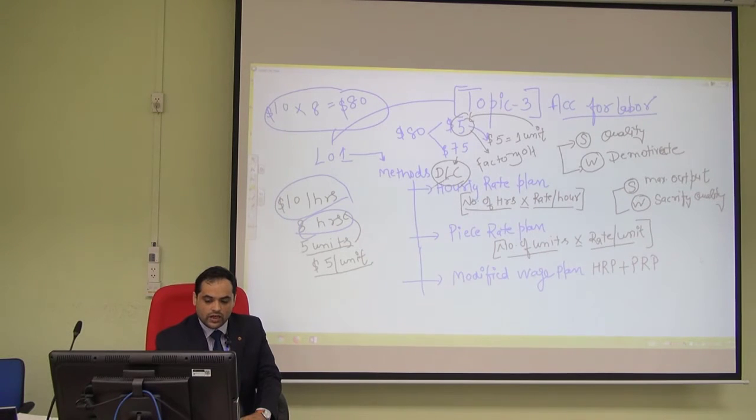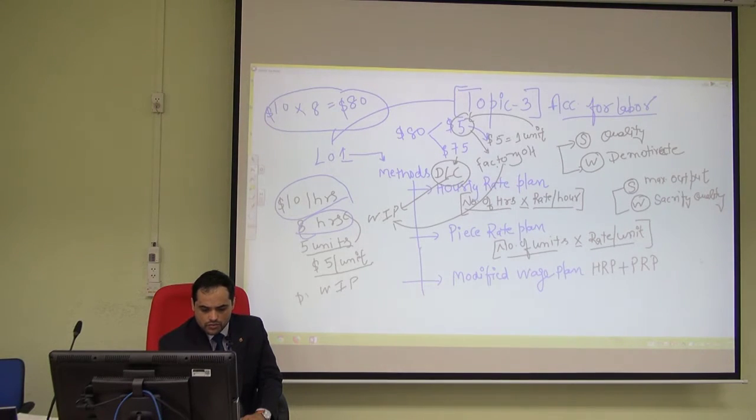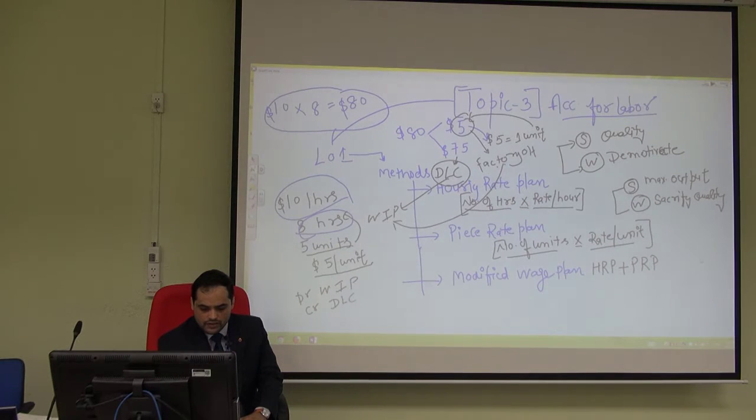So the direct labor cost will transfer to work in process directly, and the other $5 will transfer to manufacturing overhead, and that manufacturing overhead will transfer to work in process. So the journal entry would be debit work in process, credit direct labor cost, credit factory overhead.